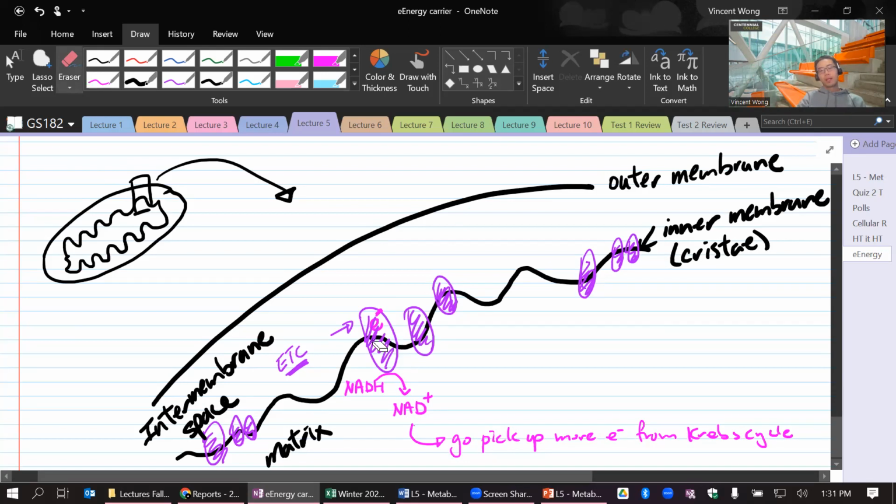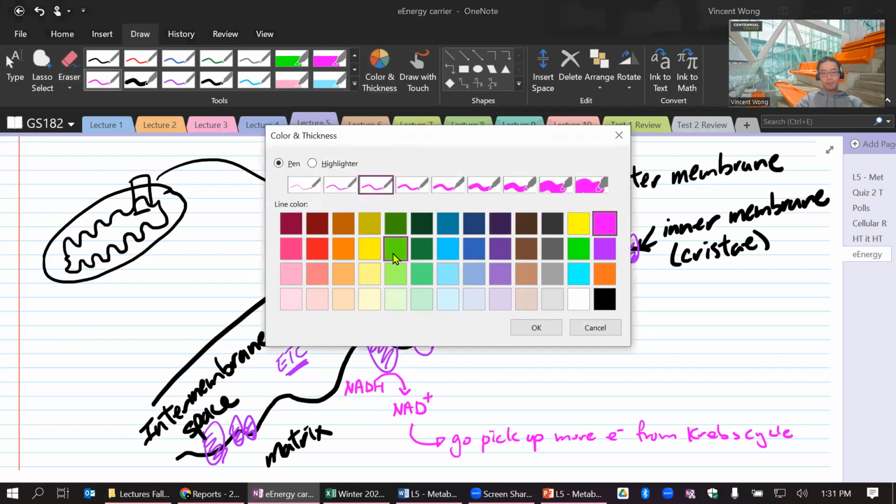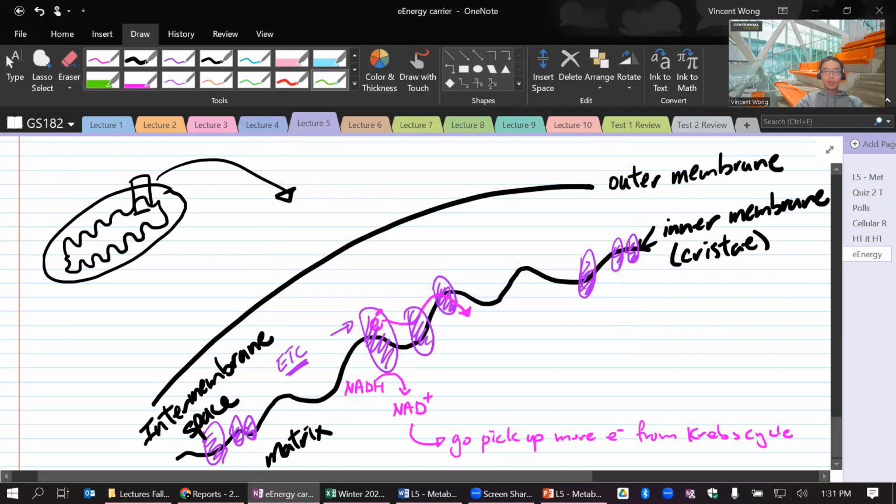Okay. So now that we release the electron onto the first protein, the electron will get passed down the ETC. And as the electron passes down the ETC, the energy from the electron will be used to pump H+ from the matrix into the intermembrane space.